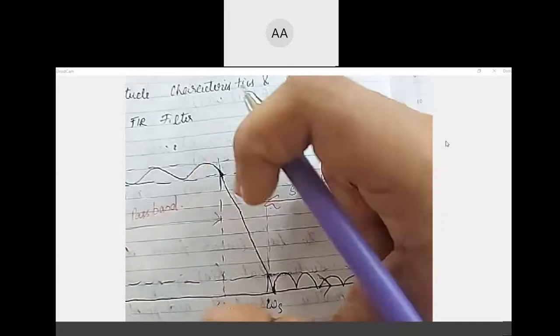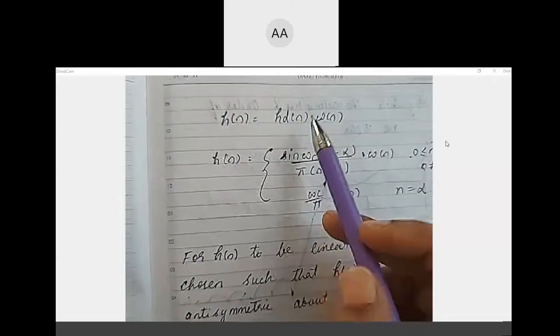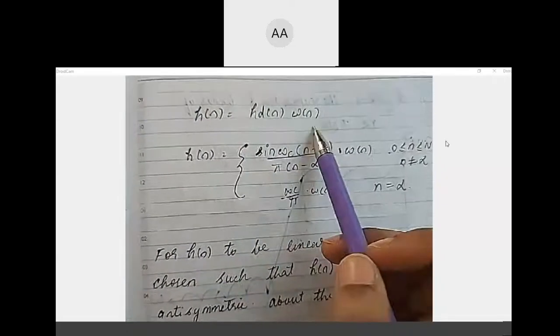One more important thing is the width of the main lobe. Main lobe means the main portion of the filter, right? So for your windows, what is the width of the main lobe? Your filtering means you're actually doing what? You have your h of n, or your impulse response, and you multiply it with the window.